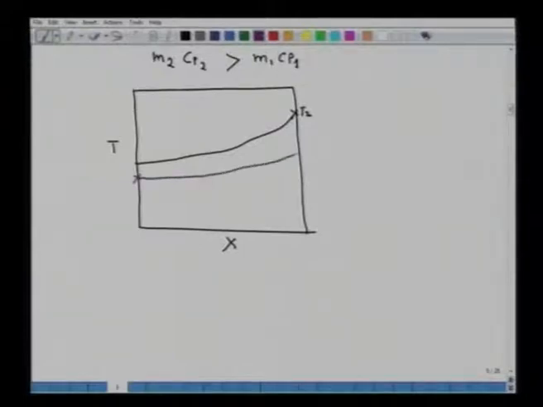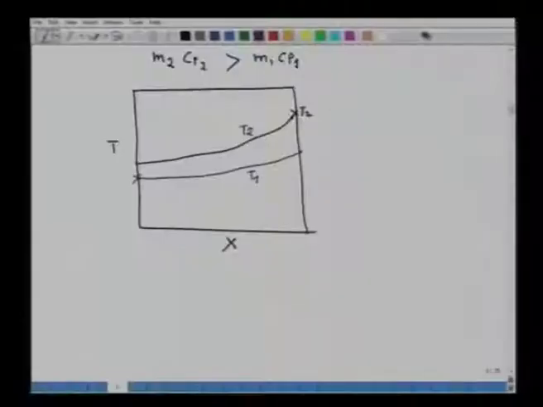This difference is because the heat capacity of the hot fluid is greater than that of the cold fluid, so naturally, because of the differences in heat capacity, the heat transfer from hot to cold fluid will not proceed to the full extent. How much heat is transferred at any position will depend upon the ratio of the heat capacities.